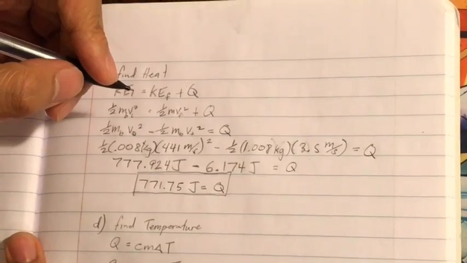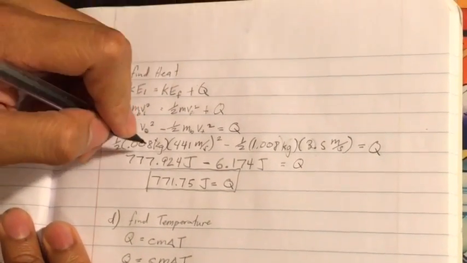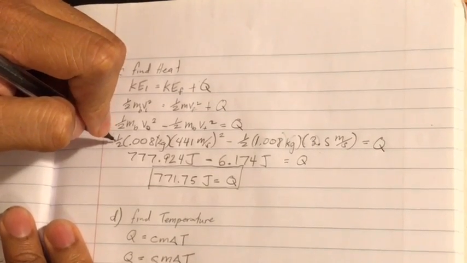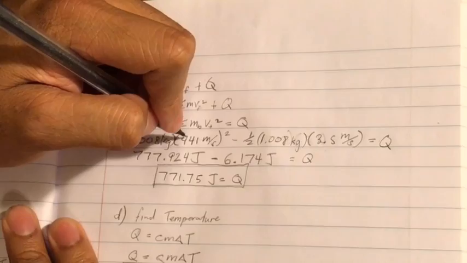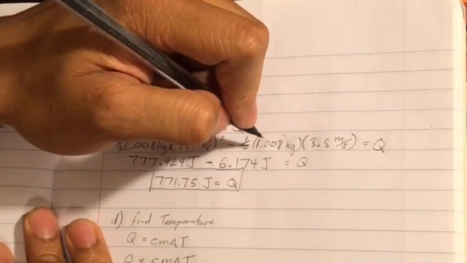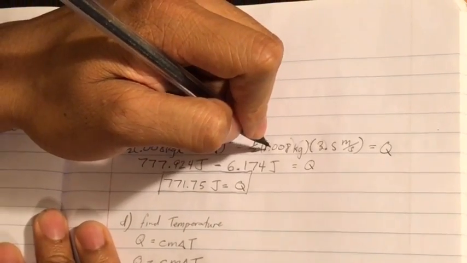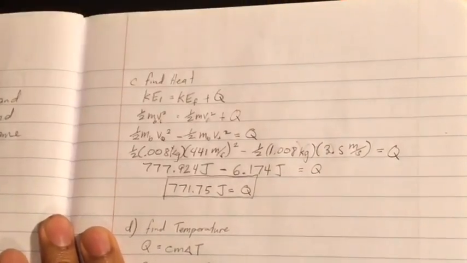And then we plug in the numbers. It's going to be 1/2 times 0.008 times 441 squared minus 1/2 times 1.008 times 3.5 squared equals Q.